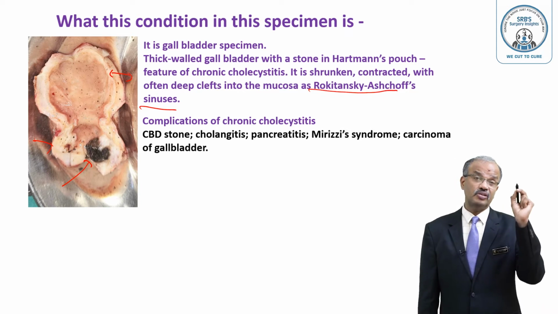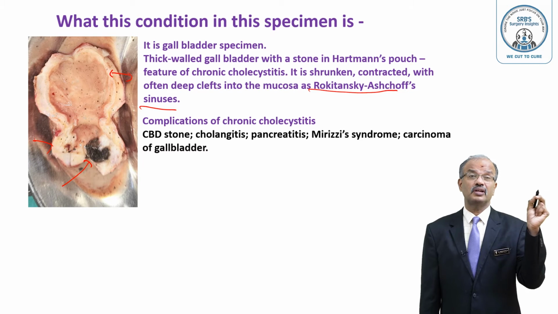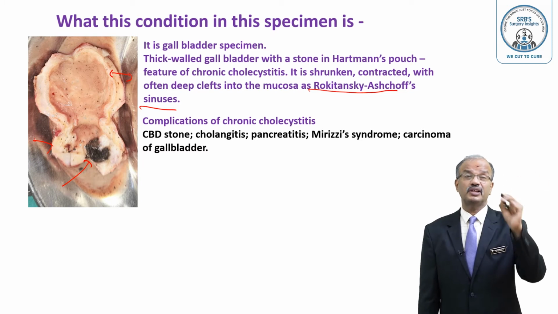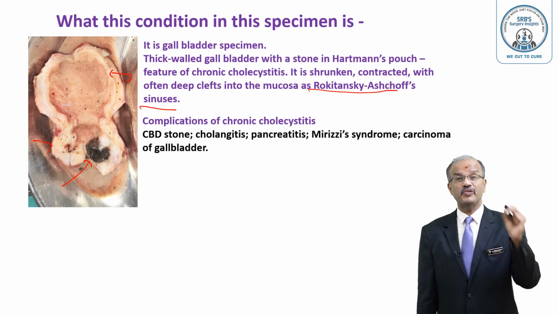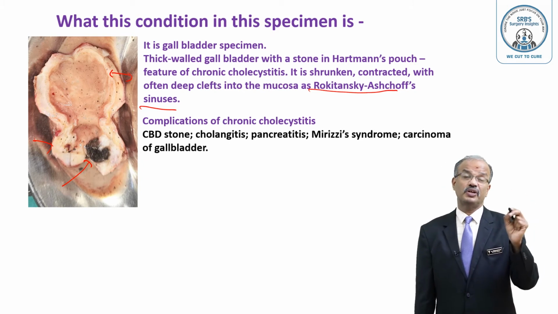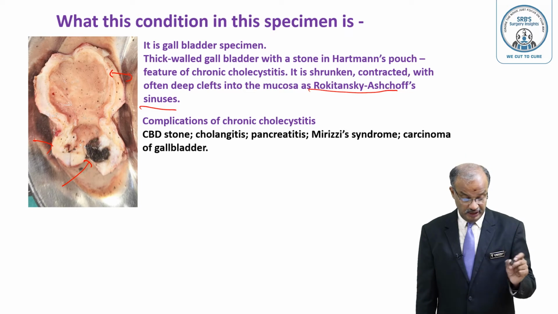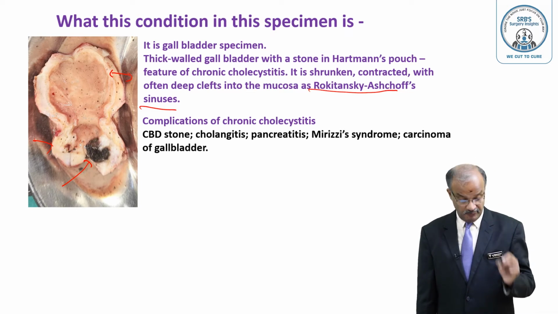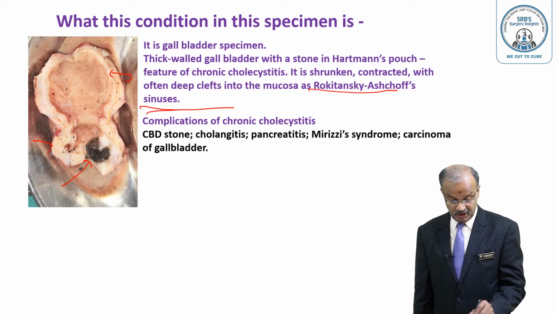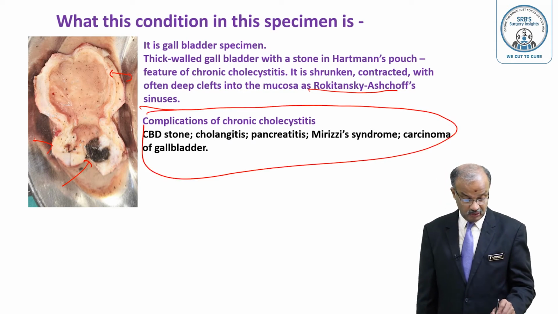That's why in the northeast part of India, like Bihar, gallstones are very common, and gallbladder carcinoma is a very, very aggressive carcinoma, remember, with poor lifespan and high mortality. So these are the different complications which you have to remember in chronic cholecystitis.